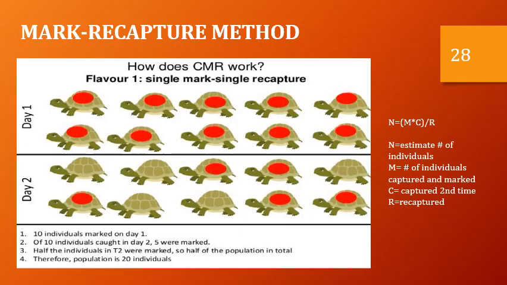So next, we also have here a very good example of the mark recapture method. So if these turtles are being marked, and then on the second capture, of course, there are some species that are not marked.